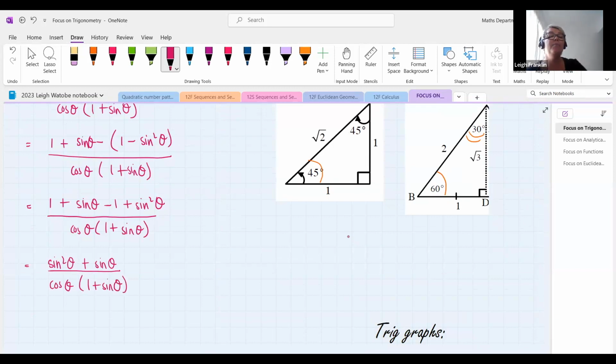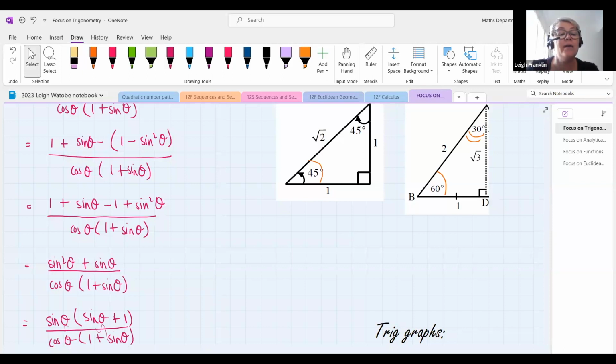Okay, so after we have applied an identity, so in this case, writing cos squared theta as 1 minus sine squared theta, now we have to factorize. So at the top, we would take out sine theta as our highest common factor. This would leave us with sine theta times sine theta plus 1 over cos theta, and then here we've got 1 plus sine theta.